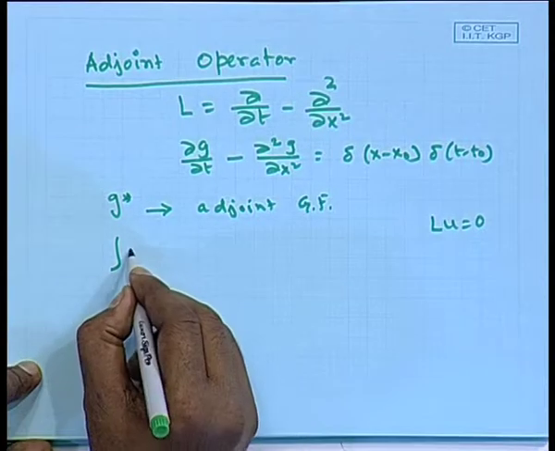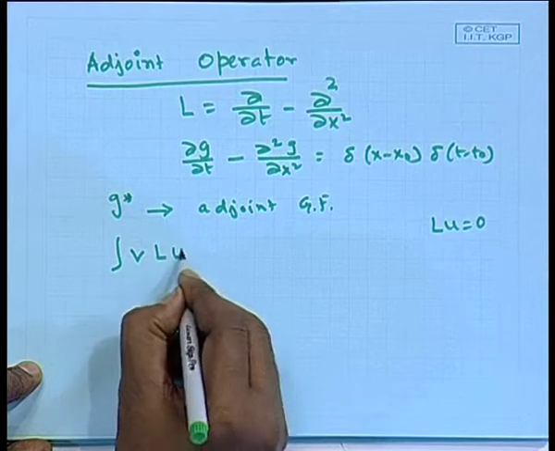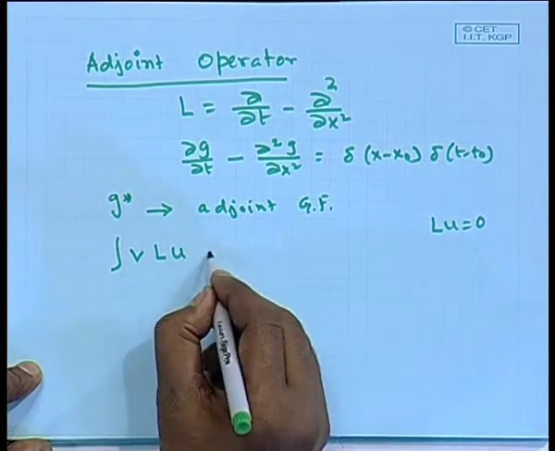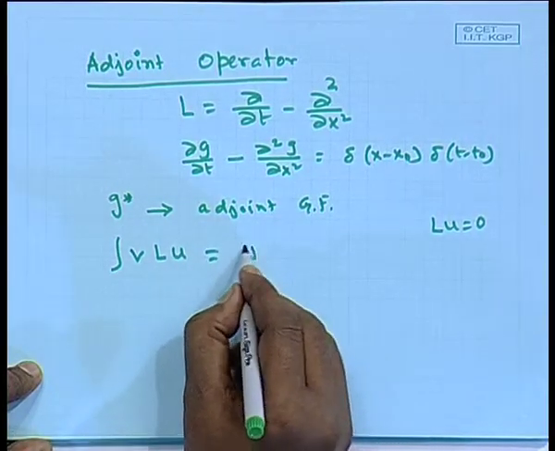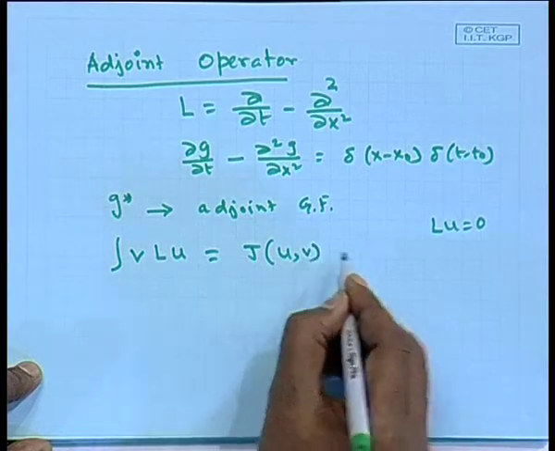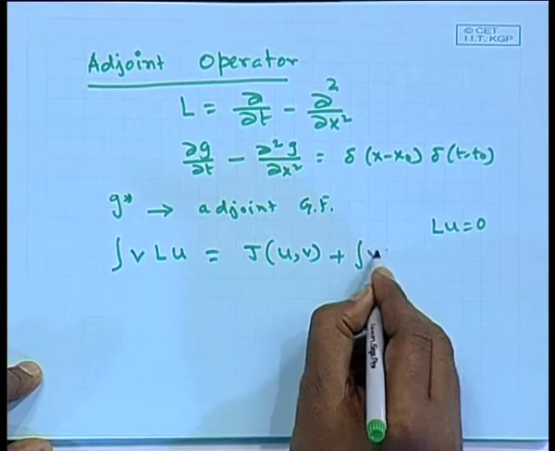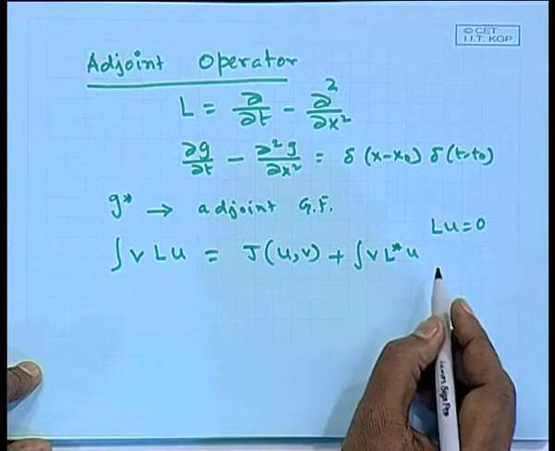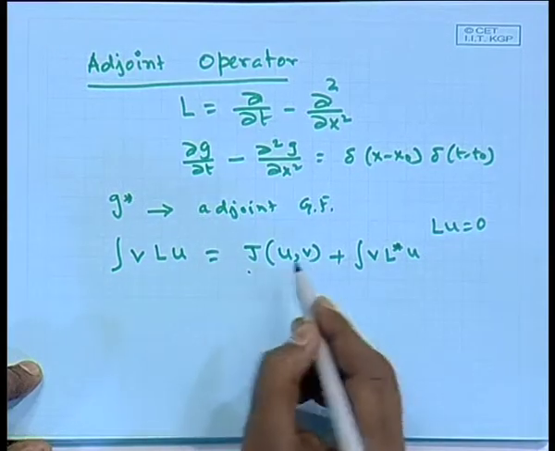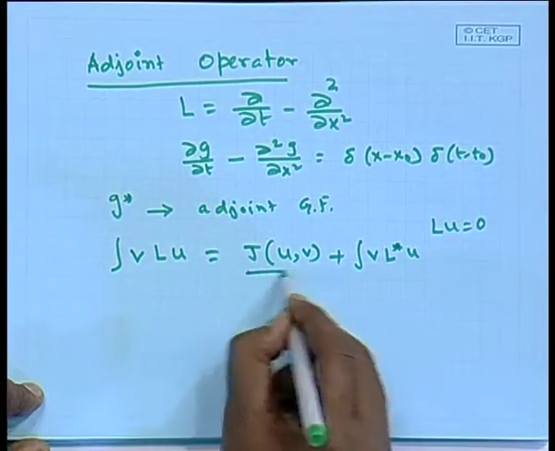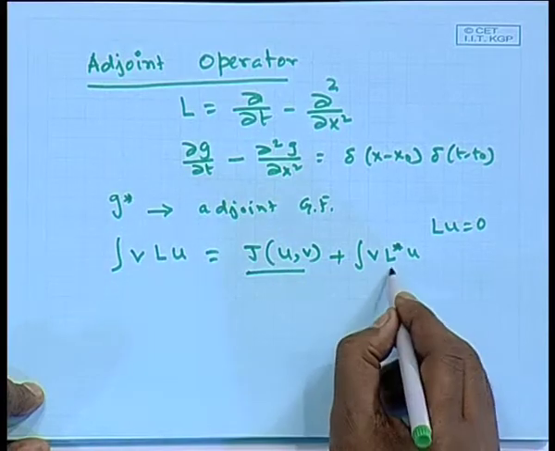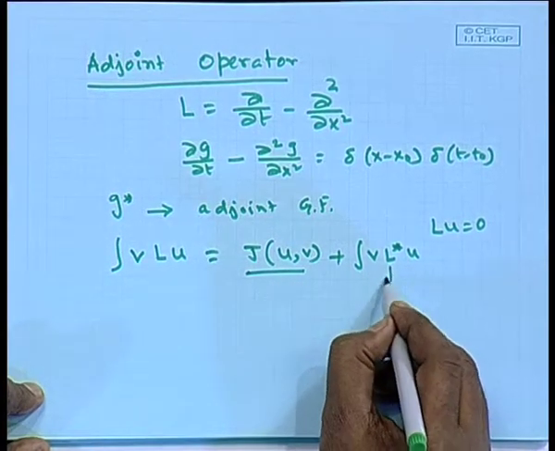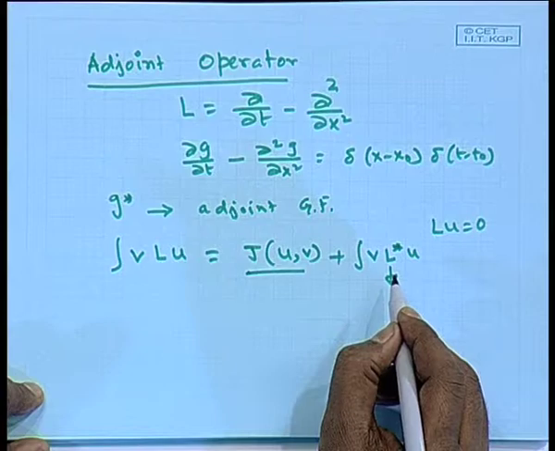What we did, we considered the integral of v Lu, and it turned out to be the Jacobian factor J(u, v) plus integral of v L star u, and for the homogeneous boundary conditions, this Jacobian would have turned out to be 0, and you would have got the corresponding L star.